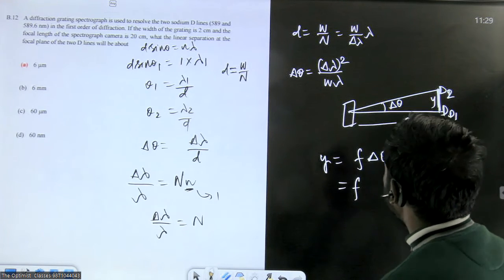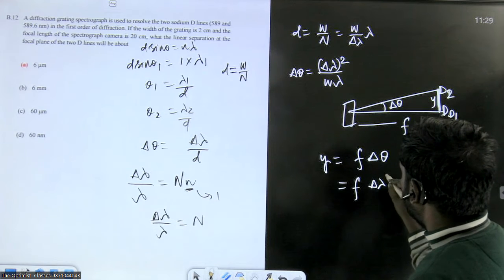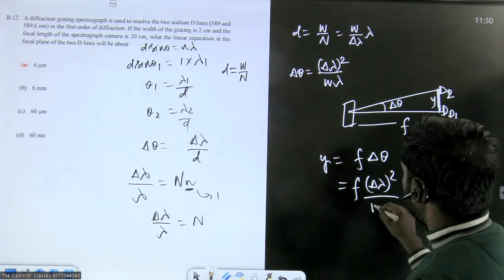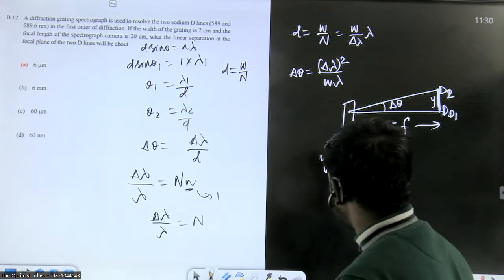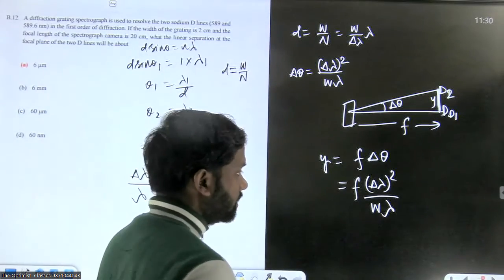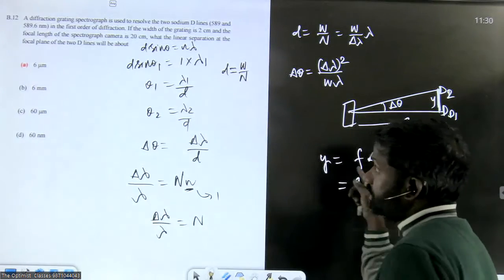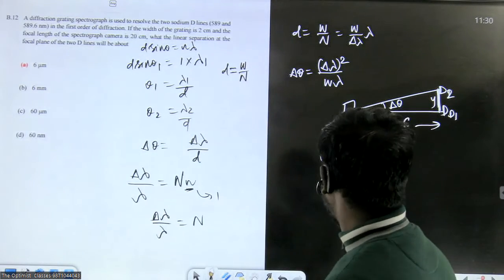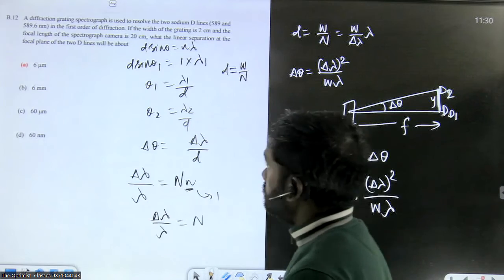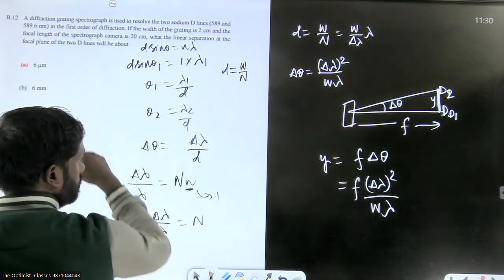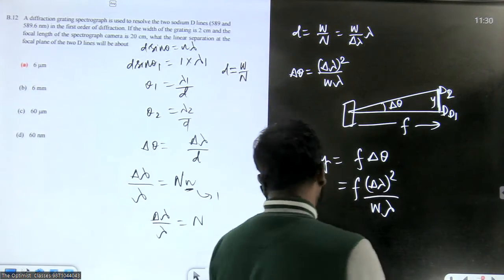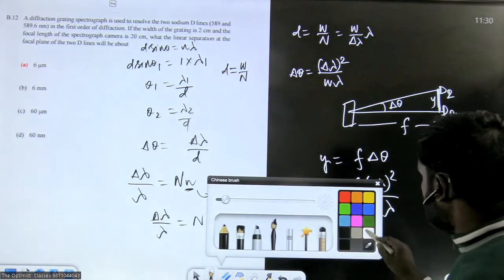So this is f, and delta theta is delta lambda whole square divided by w into lambda. You can just put in all the things that are given: width is given, lambda is given, and the difference is given. If you do this, you will get the first option. You can calculate and check. I'm leaving that calculation part.